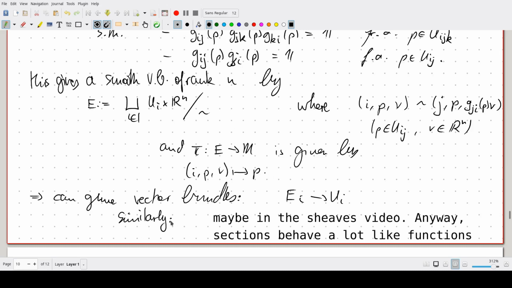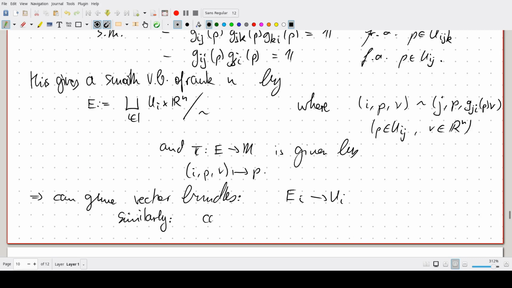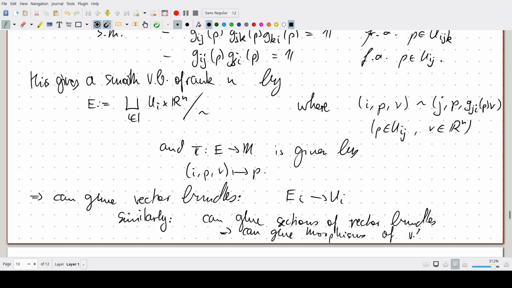Similarly, and I didn't really spell that out, but vector bundles are also sheaves, so we can glue sections of vector bundles. So in particular, we can glue sections of Hom bundles, which means that we can glue morphisms of vector bundles.